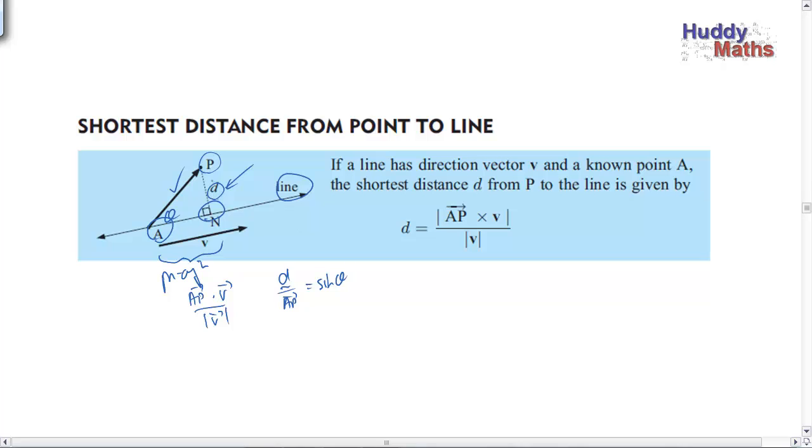If the theta, the angle between that AP vector and the given line that we're looking at is theta, then you could say this. And from that, of course, we get the idea that it's AP cross V divided by the length of V. So that gives us this distance here. So you take AP cross V divided by length of V.